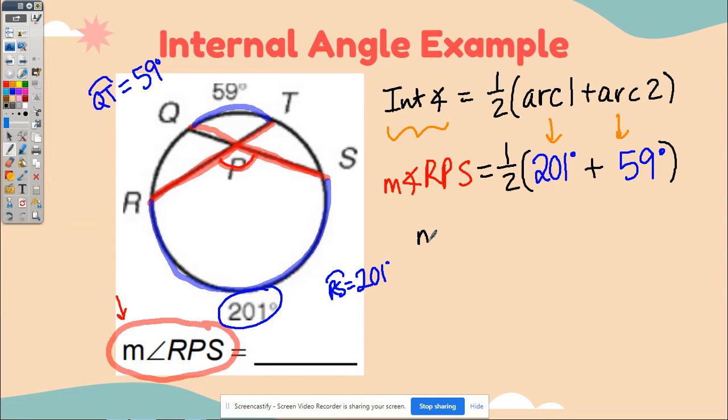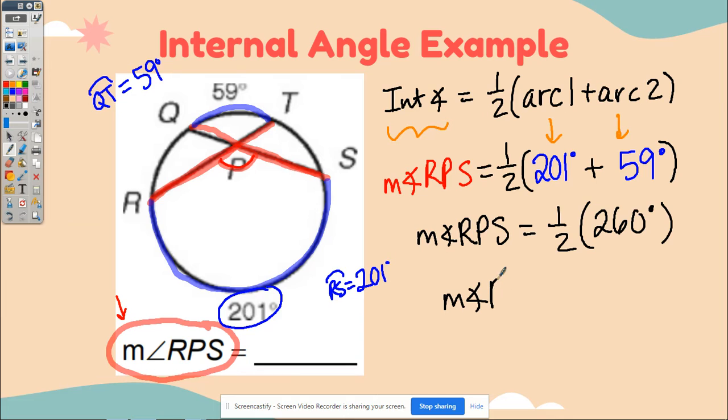So the measure of RPS is equal to 1/2. Add these two, you would get 260. After you get 260, you just have to cut it in half, same thing as dividing by 2. You would get 130. So your final answer is 130. It would go right here if you're looking at the diagram.